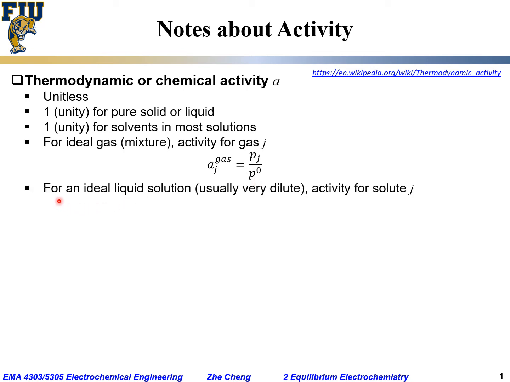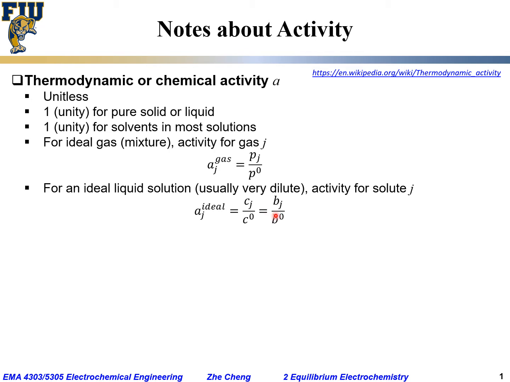For an ideal liquid solution, which means some solute dissolved in a liquid solvent, which can be water, typically if it's ideal, it means it's most likely very dilute. The activity for solute J would be equal to Cj, the concentration in mole per unit volume, divided by C0, 1 molar per liter. So Cj over C0, and it will be unitless.